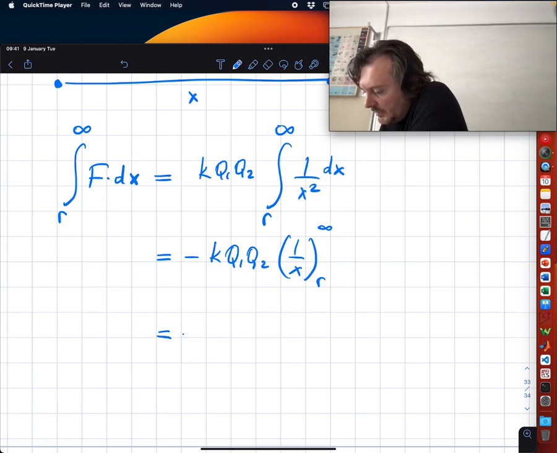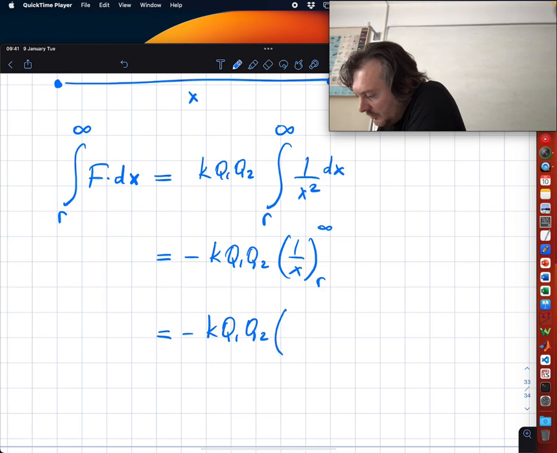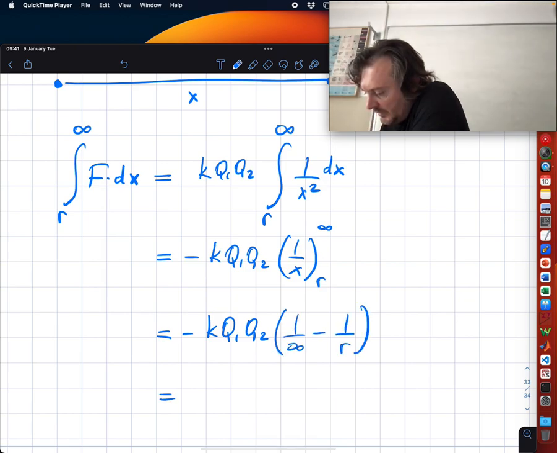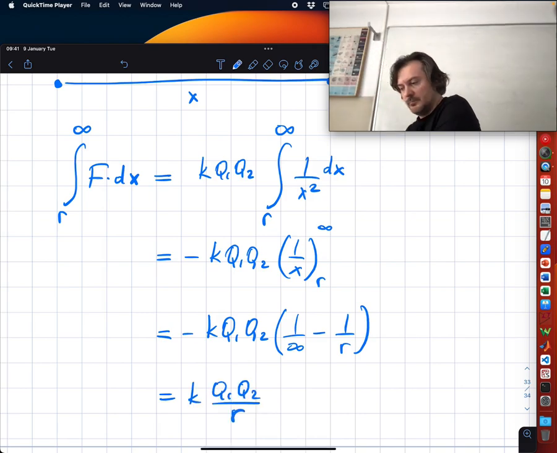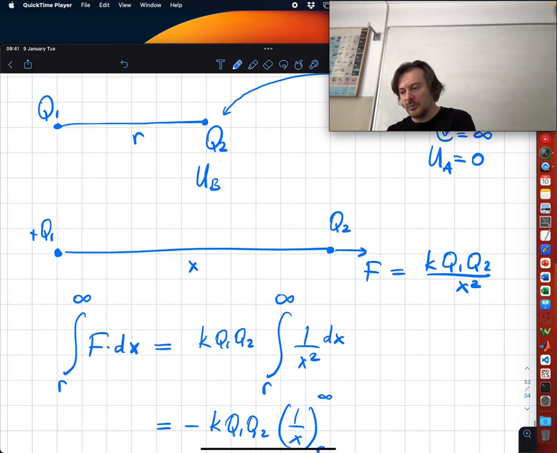Which gives me minus k q1 q2 times 1 over infinity minus 1 over r, which is k q1 q2 over r. This is work done by the system if it goes from UB to UA.